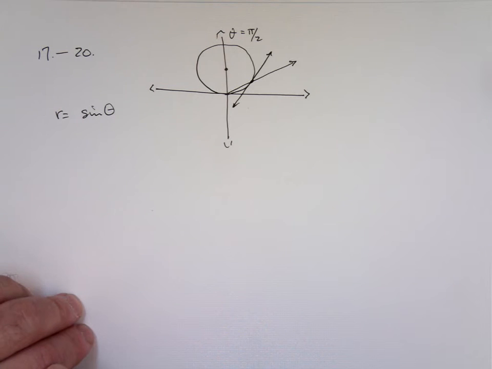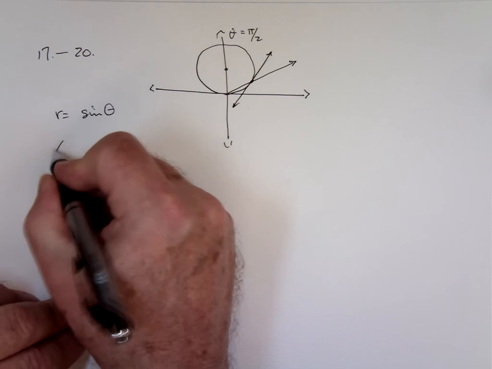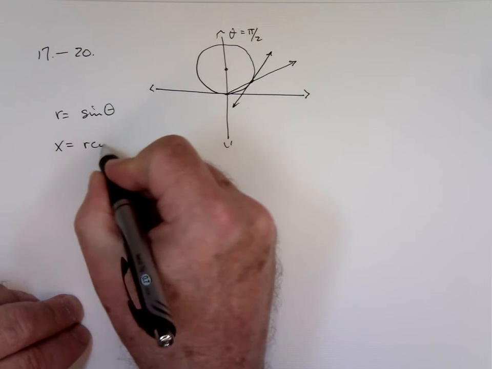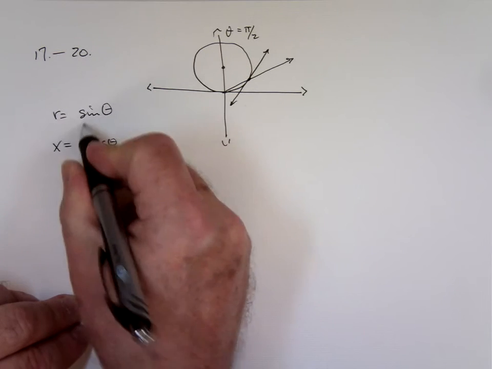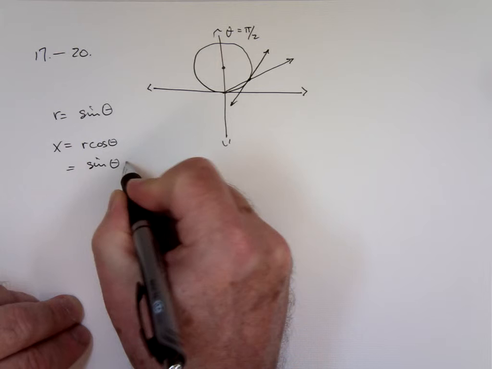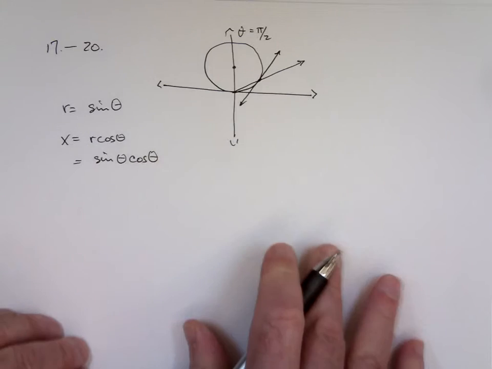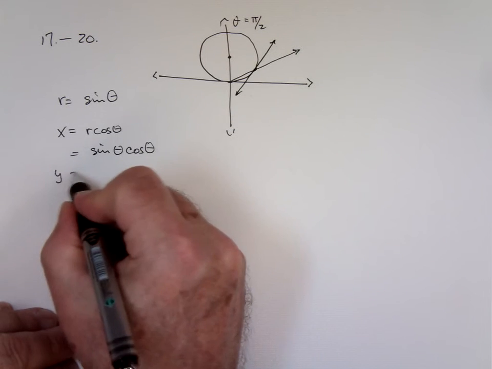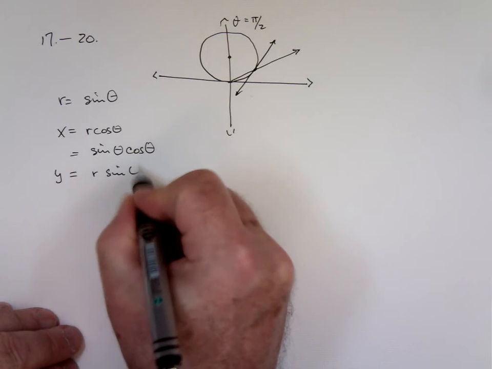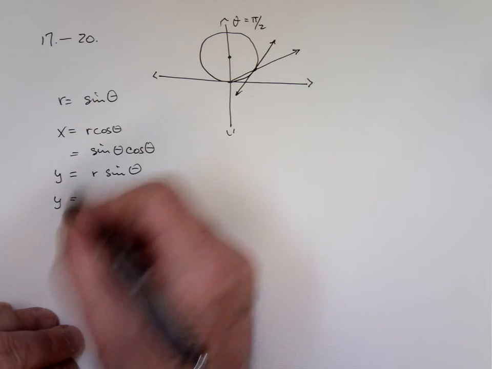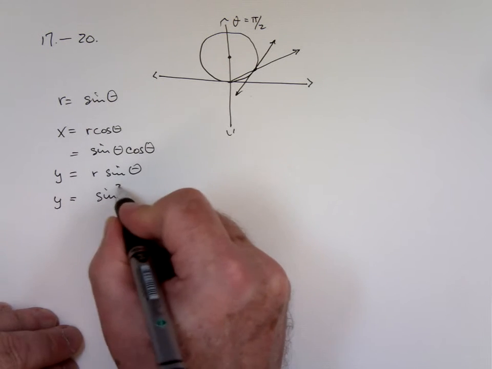The way to get dy/dx is to change this from polar form to parametric form. So here's what we have to do. x is equal to r cosine theta, r is sine, so you get sine cosine. y is equal to r sine theta, so y is equal to sine squared.